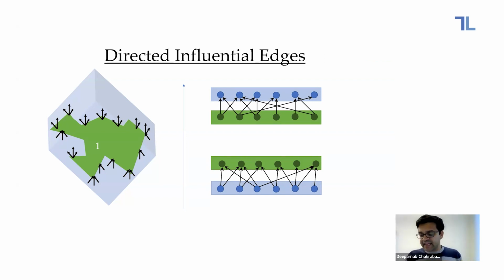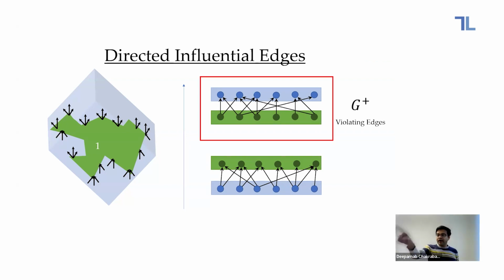But what we really care about for monotonicity is the top half, the violating edges where the edge goes from a 1 to a 0. If you catch an edge in the bottom, it does not tell you much for monotonicity. This is the graph we care about for monotonicity testing. These edges are the directed influential edges.